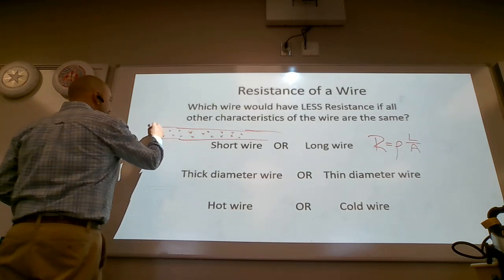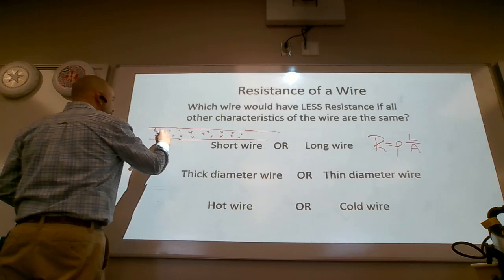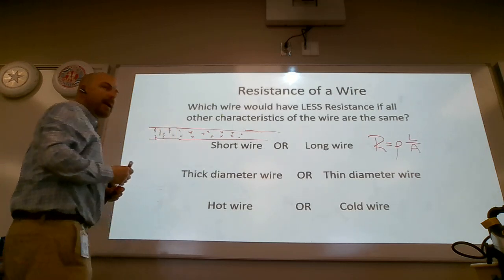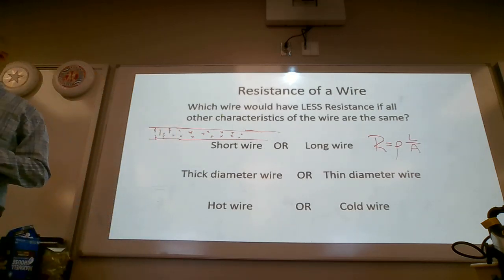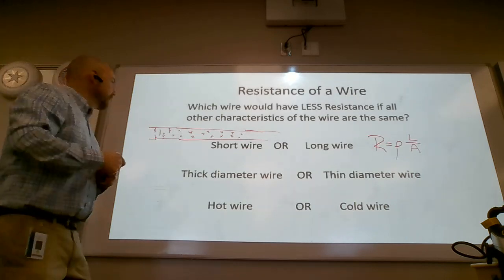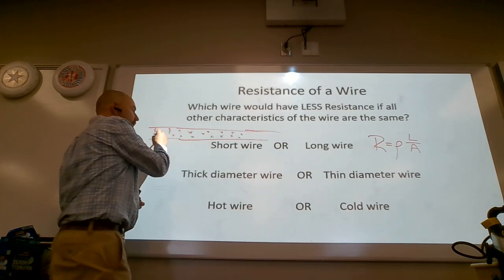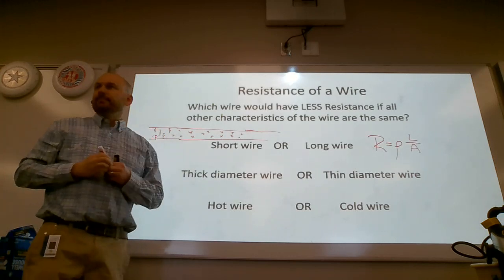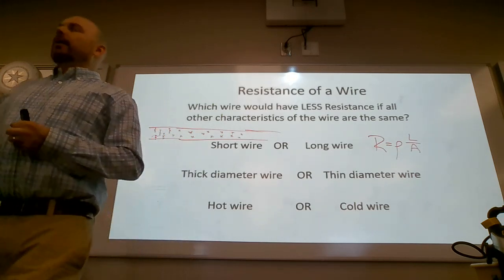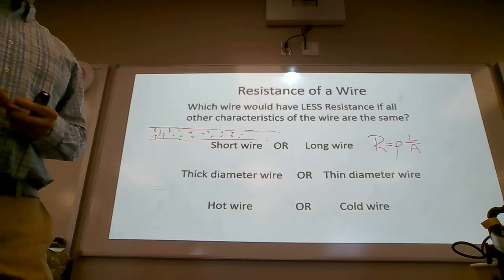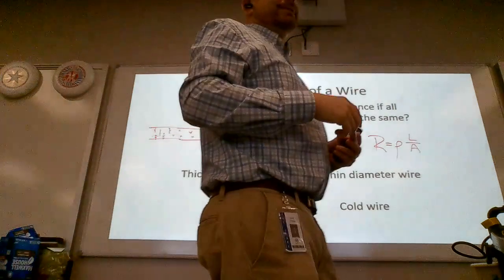As you heat it up, the atoms in the wire also vibrate more. And so it causes the electrons to get thrashed. The gauntlet that goes through it just gets way more violent. And so hot wires have more resistance, cold wires have less resistance.